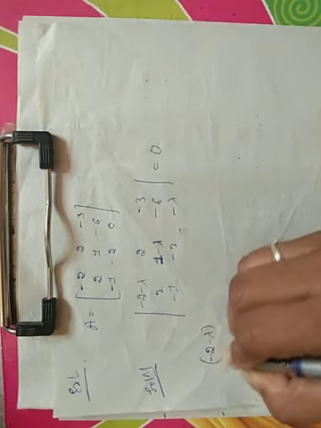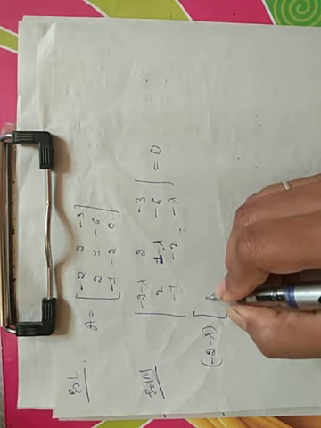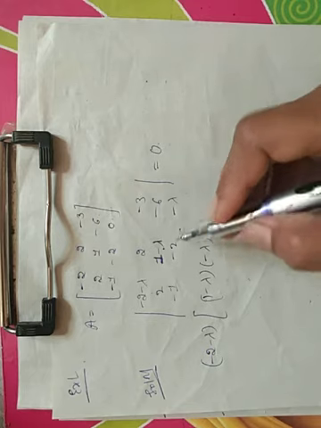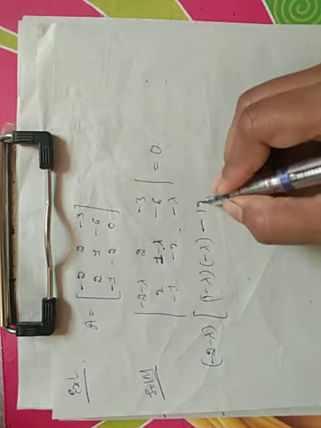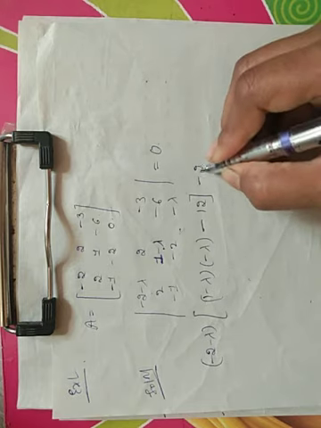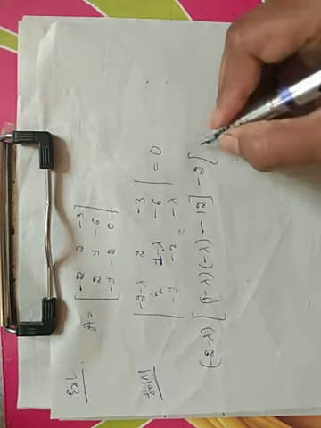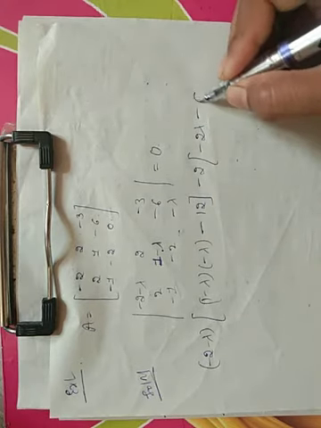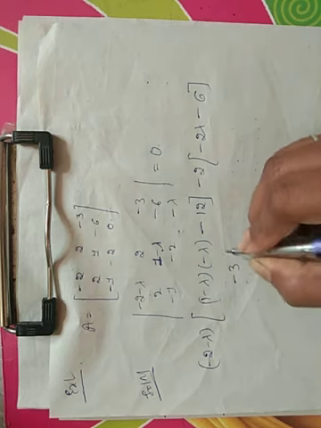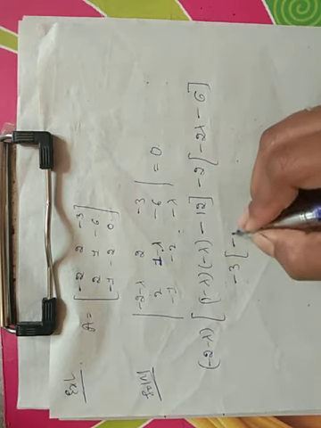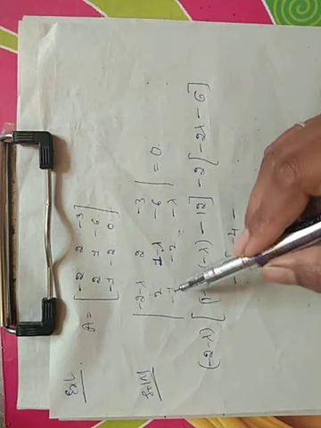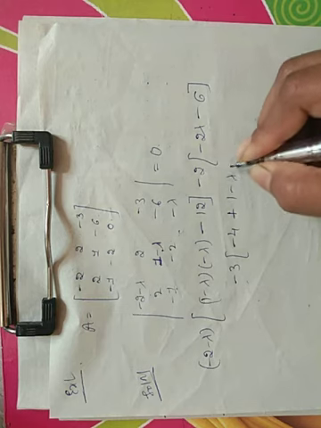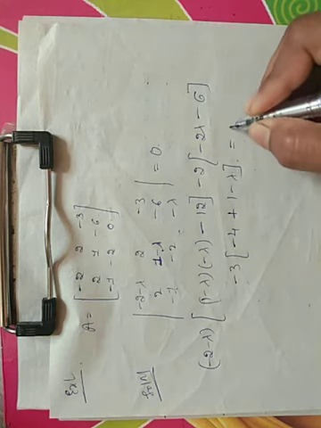Minus 2 minus lambda into bracket 1 minus lambda into minus lambda minus 2 into minus 6 is plus 12. Minus 2 into minus lambda is minus 2 lambda, minus 1 into 6 is 6, minus 3 into 2 into minus 2 is minus 4, minus 1 into 1 minus lambda is plus 1 minus lambda, equal to 0.